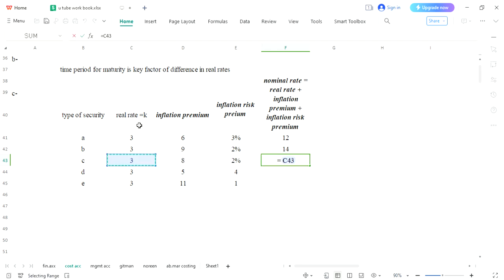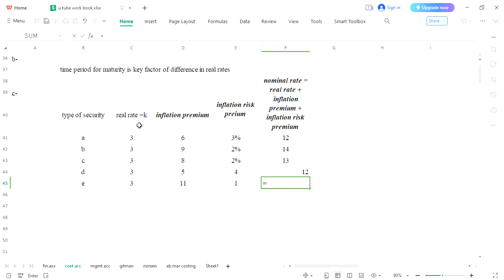For third security, 3% was real rate, 8% was inflation premium, and you will add your risk premium, and it was given in percentage. We need to write 2%. And the next step is 3% was real rate, inflation premium 5, and 4% is your risk premium.